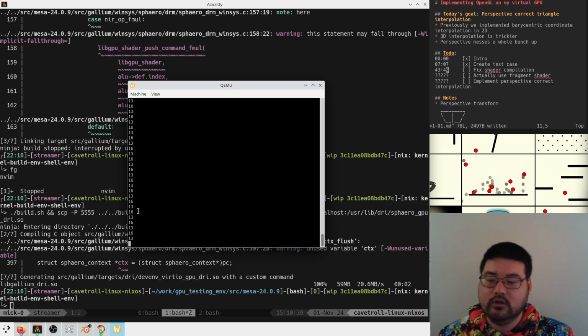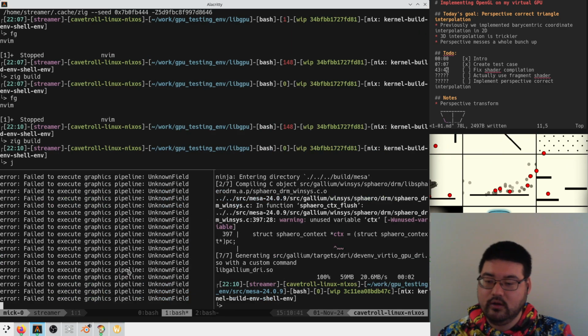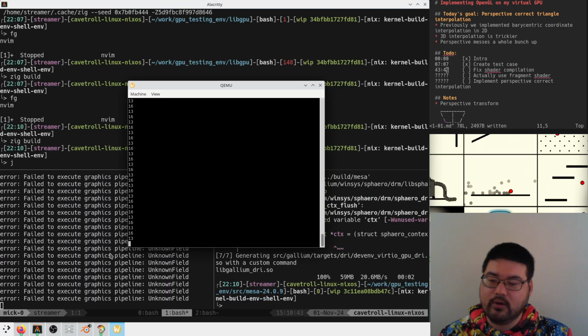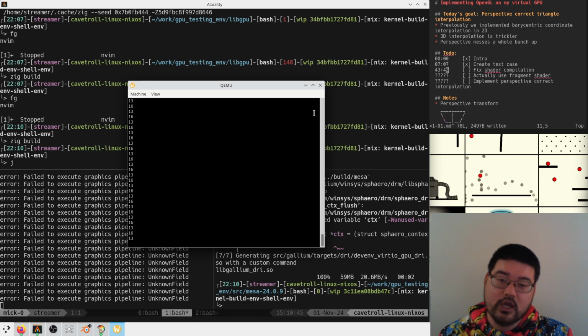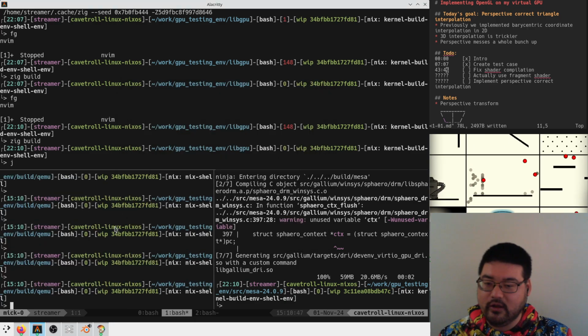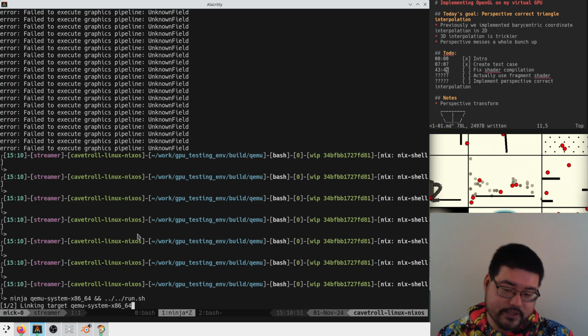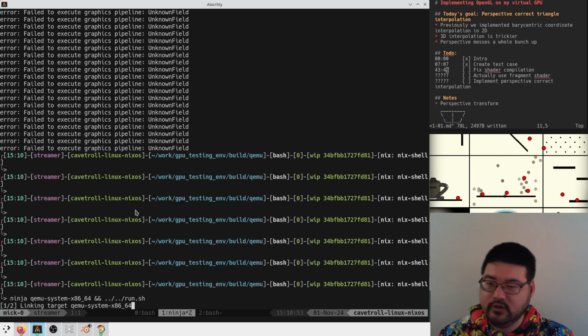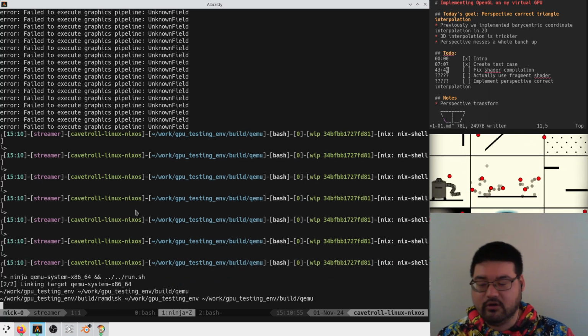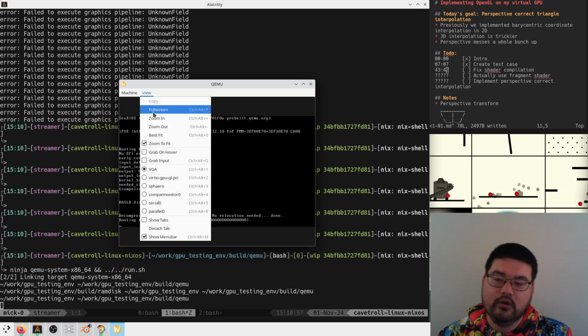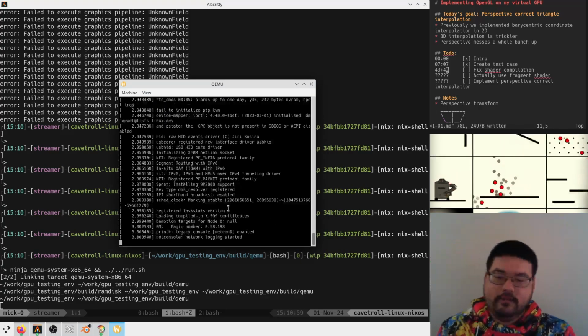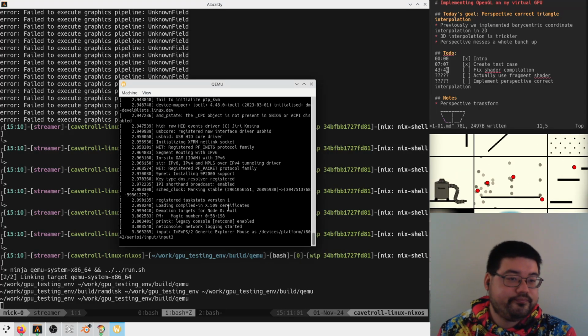And okay, we're running. We're now failing to execute graphics pipeline, unknown field. Oh, because we didn't recompile QEMU to run the new options. That's a fair point. He doesn't know how to deserialize our output anymore. And let's see what happens.